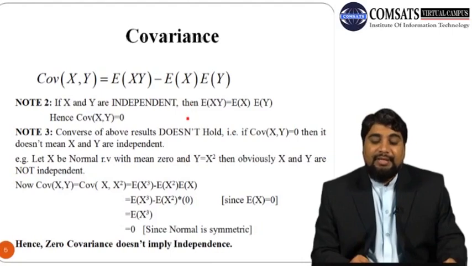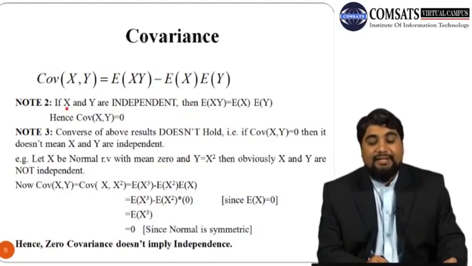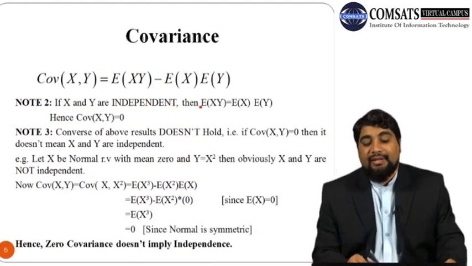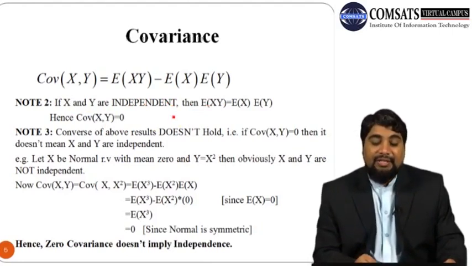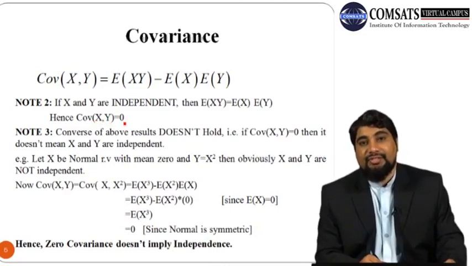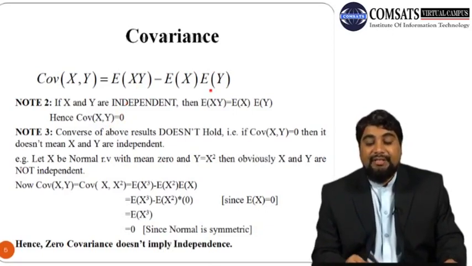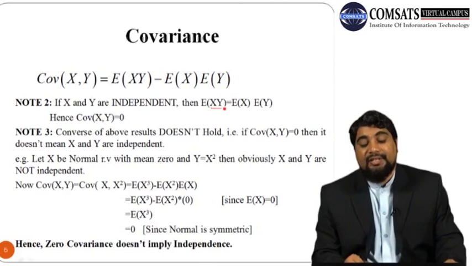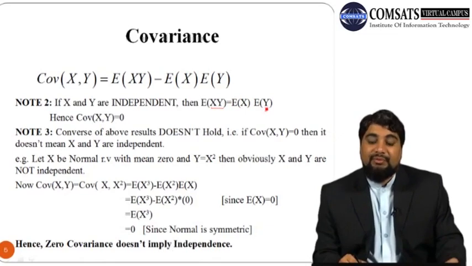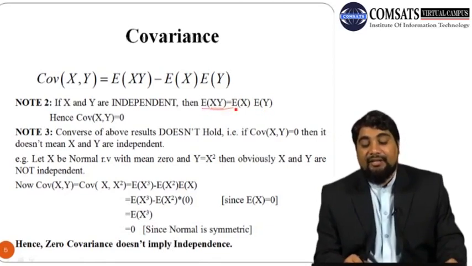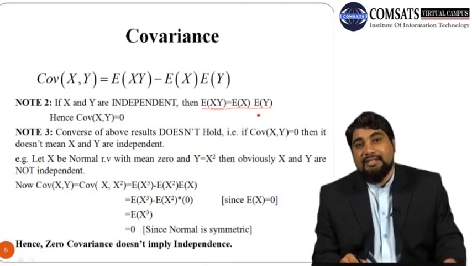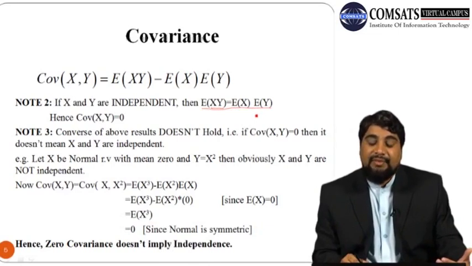So now we discuss one very important result, that if x and y are independent, then the covariance between x and y is 0. Why does it become 0? Because if x and y are independent, then the expected value of this product is equal to the expected value of x times the expected value of y. Remember that we have studied this result in one of our previous lectures when we discussed the concept of expectation.